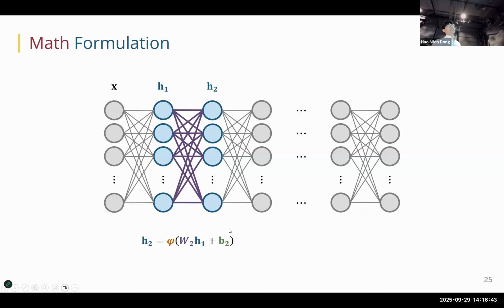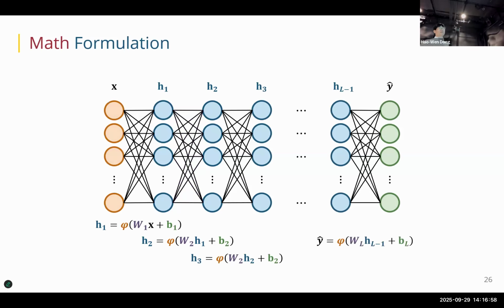You apply the same idea: do a dot product between that and the second weight matrix, and then add a bias term to get the next neurons. You can do the same thing all the way until you reach the last one. So this is basically how you can view a neural network as a bunch of mathematical computation: mostly a weight matrix dot product with the vector that you have, then a summation with the bias vector, and then you apply the activation function.